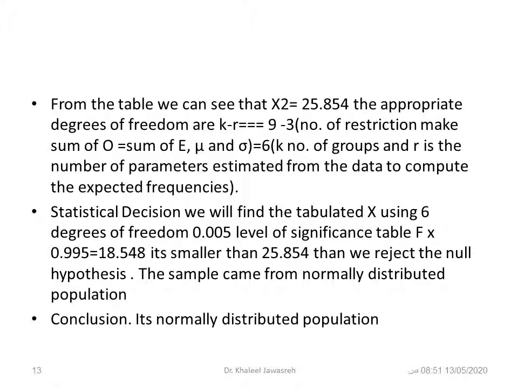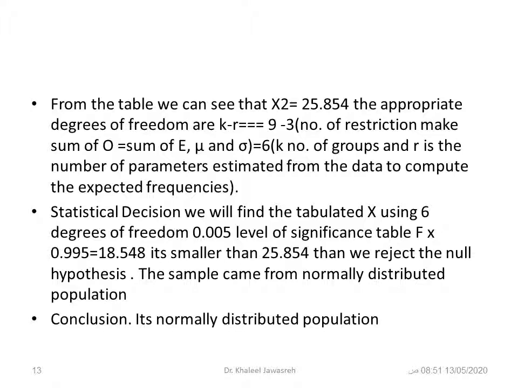at the 0.05 level of significance. We use the significance level or the confidence level. From the table, it will be equal to 18.548, directly from the table by using 6 degrees of freedom and the expected significance level.